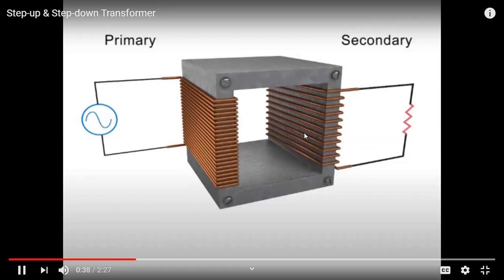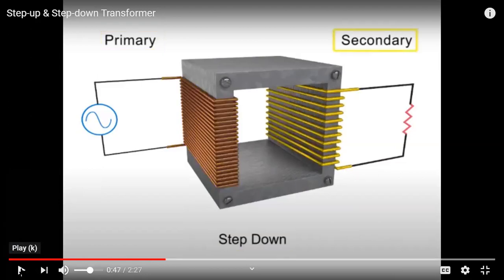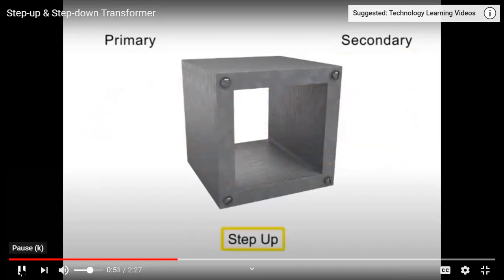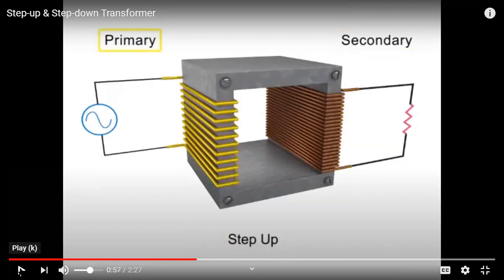So transformers can be step up or step down. In a step-down transformer, the number of turns in the primary is greater than the number of turns in the secondary coil, as you can see here. In a step-up transformer, the number of turns in the secondary coil is greater than the number of turns in the primary coil, as you can see.